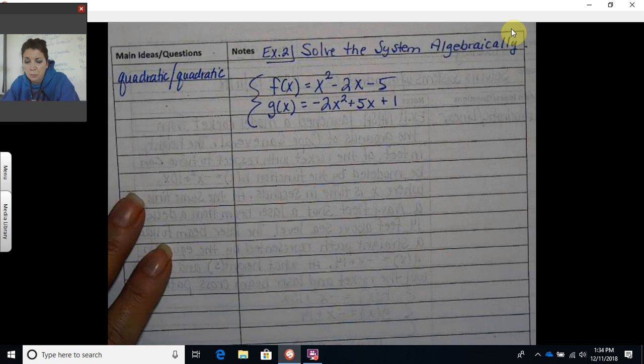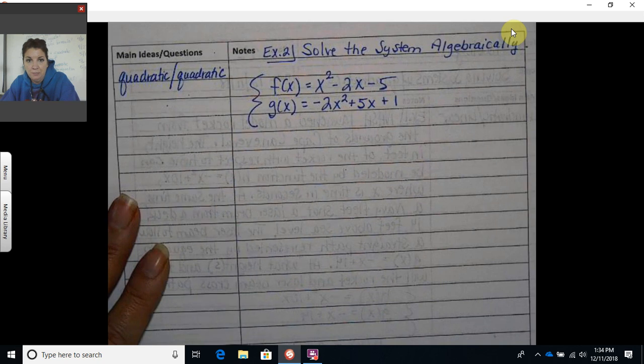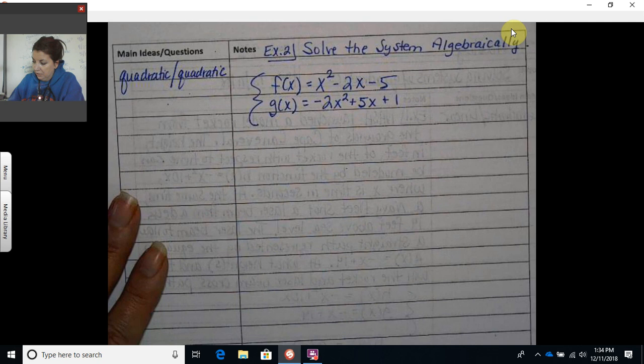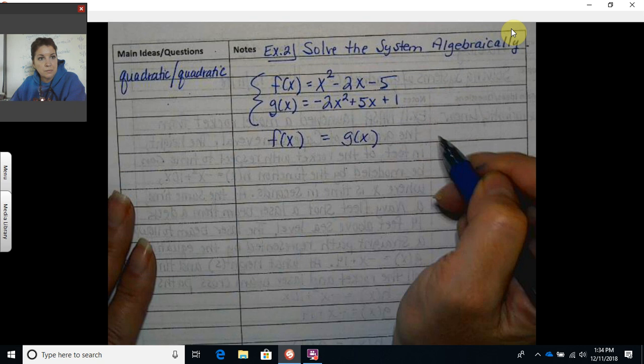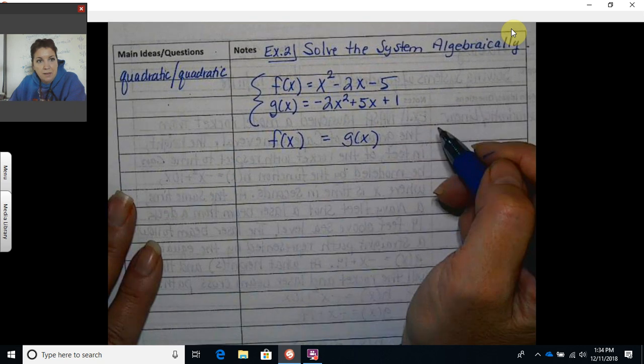So we do this pretty similar to what we did on the front side with a line and a quadratic. I want to know when function f is equal to function g. Okay? So I'm going to say, when is function f equal to function g? What ordered pairs do they have that are the same on both graphs?